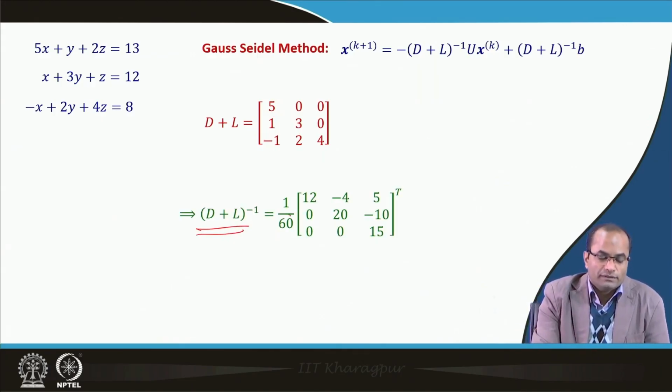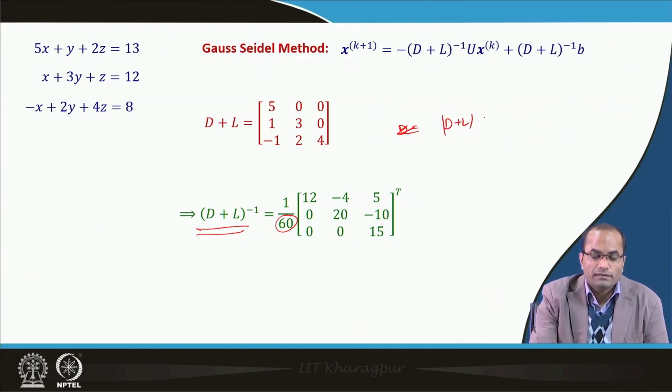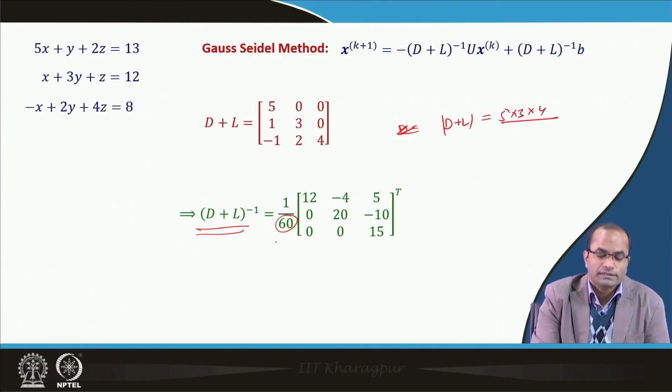So, here we have the 1 over the determinant. The determinant of this D plus L will be 5 into 3 into 4, that is 60, and then this is the adjoint of this matrix which can easily be evaluated.